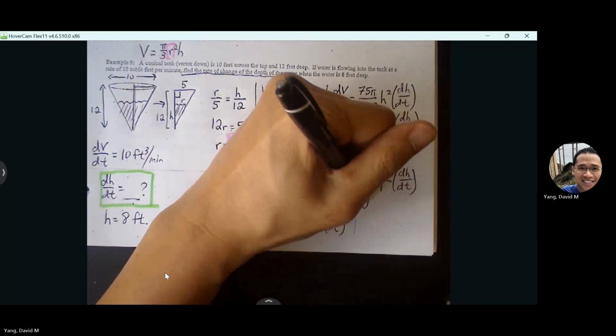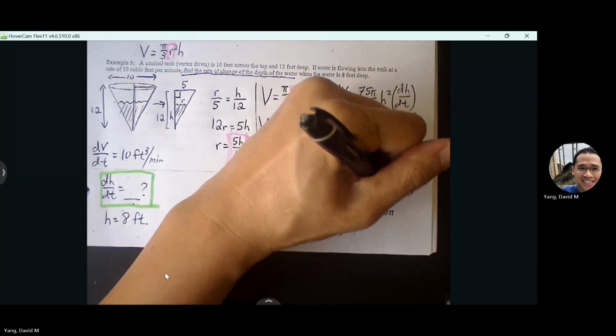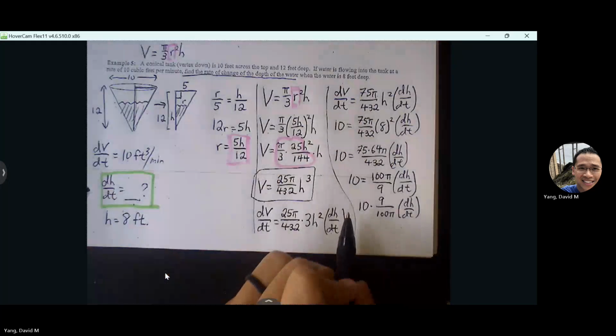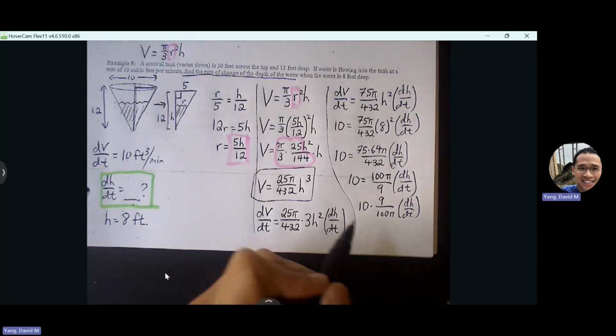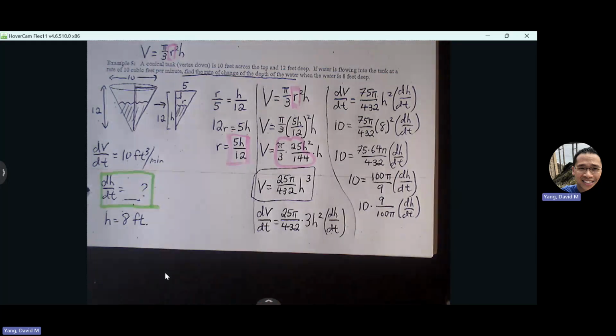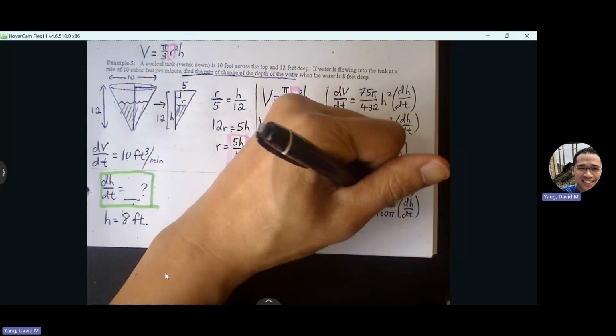So 90 over 100 reduces to be 9/10. Careful, pi is still in the denominator, so it needs to stay in the denominator even at the end of our problem here.